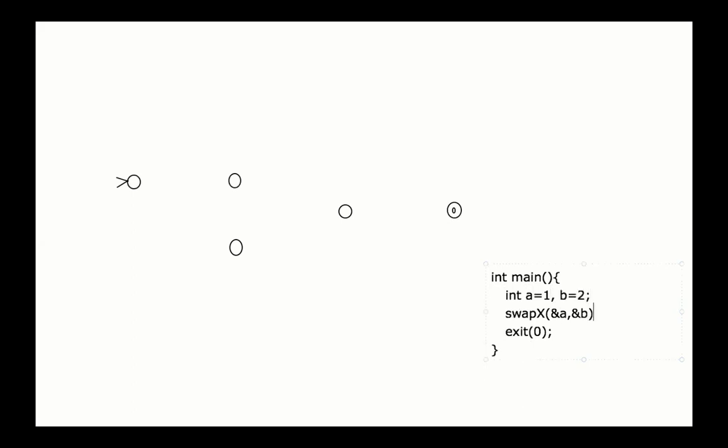Say I have an int A assigned 1, and then B assigned 2 in this case, and I also say swap Y. Let's say I assert A and then comma B. There you go.